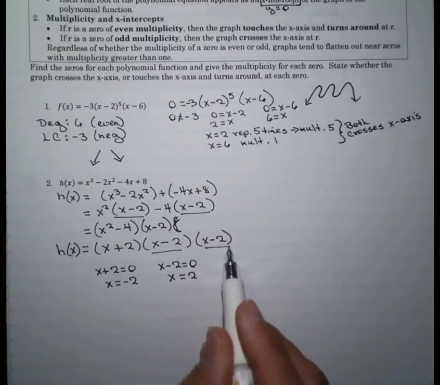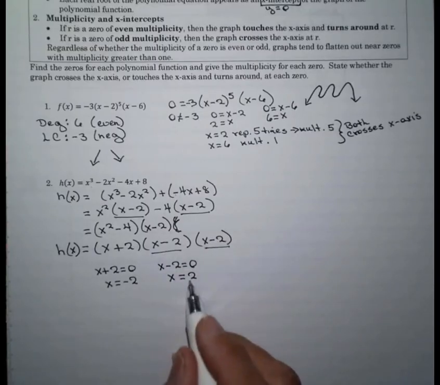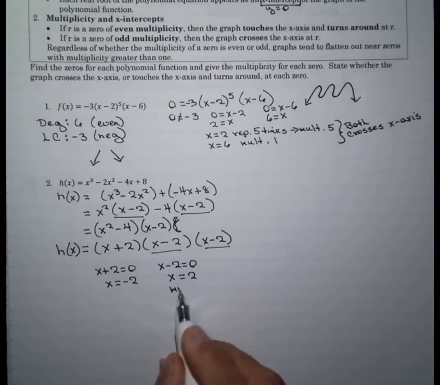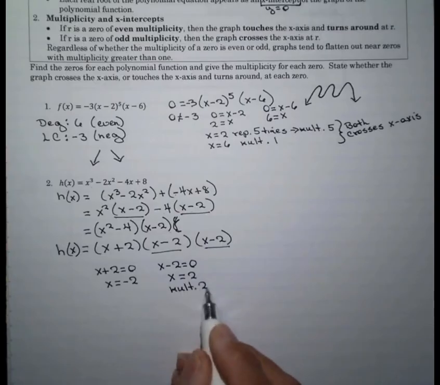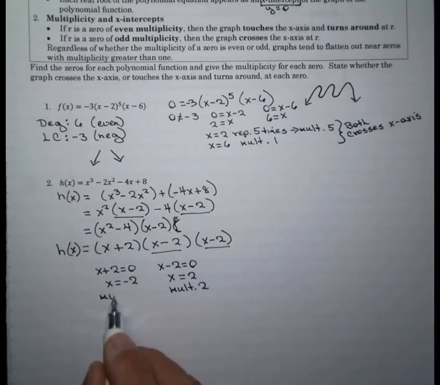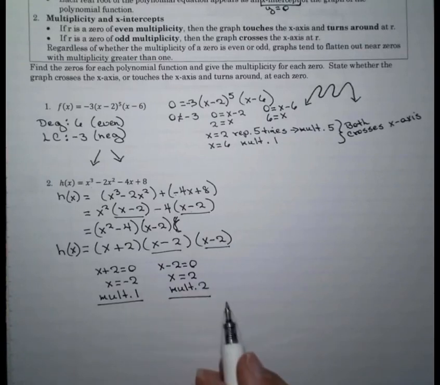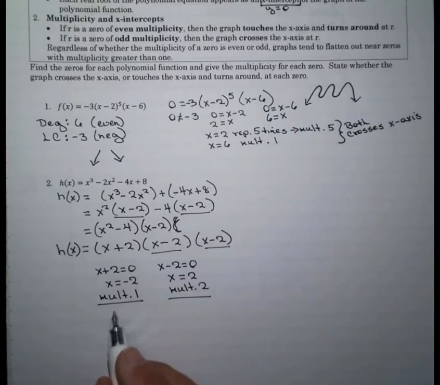And that one happens twice. So this x minus 2, this positive 2 has a multiplicity, doesn't it, of 2. And this one only happened one time, so we would say it had a multiplicity of 1. What does that do for us? Well, this one with an odd multiplicity means it's going to cross the graph at that point.